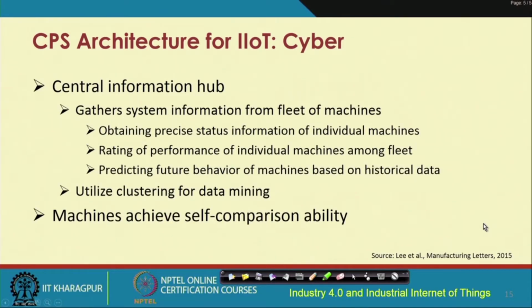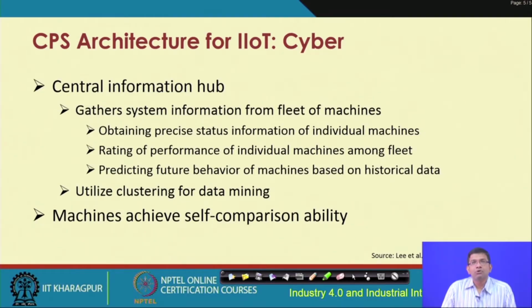Then comes the cyber component, and this is quite obvious. We are talking about analysis of the data that is received at some kind of a hub, which will be comprised of different high-end workstations, servers, cloud or whatever. So, that is the server component that we are talking about.